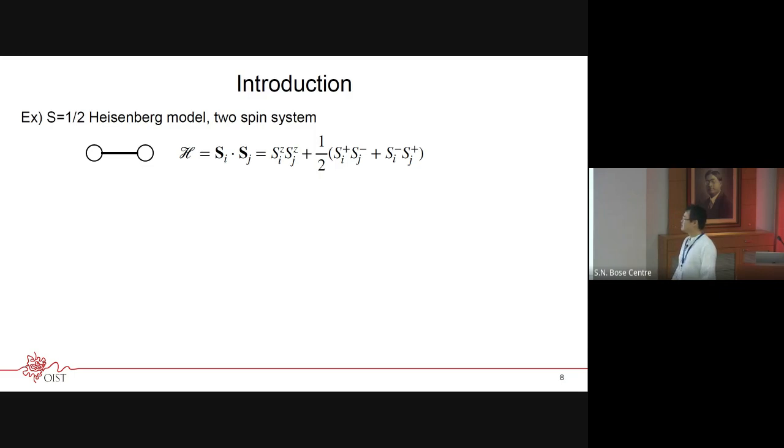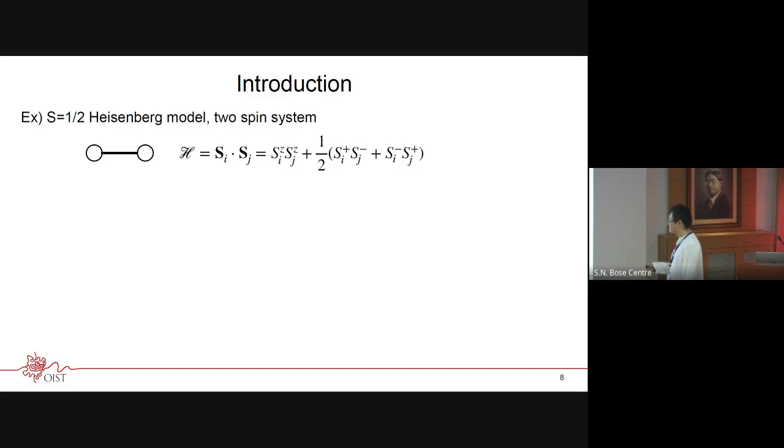The Hamiltonian is described by this equation, Si dot Sj, where this is site i and this is site j, connected by the black bond. And we can rewrite this equation by using Sz, S plus and S minus.